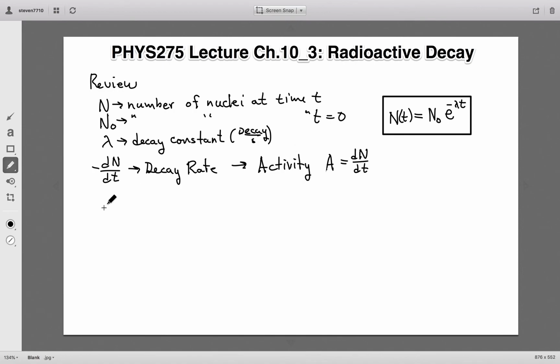We define the half-life. T sub 1/2 is our half-life, and that is essentially the time for 1/2 of the nuclei to decay.